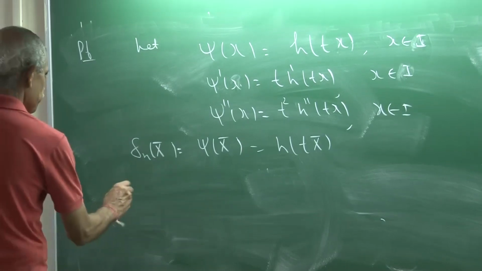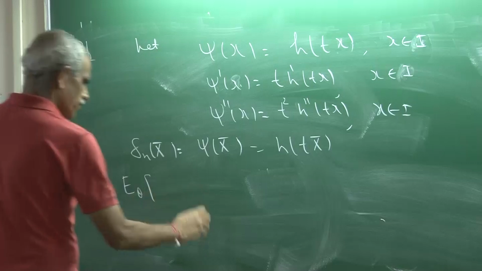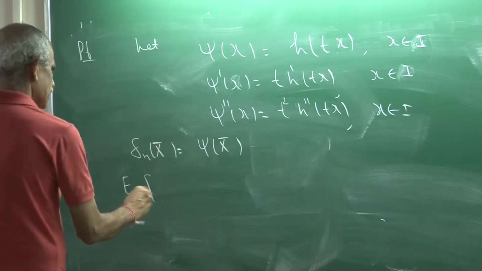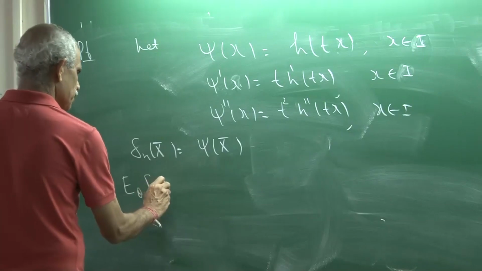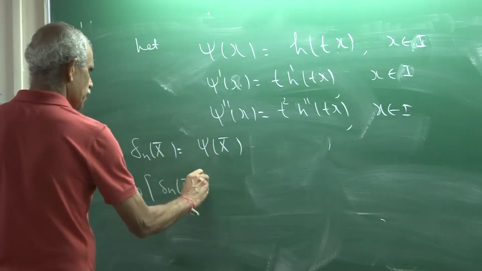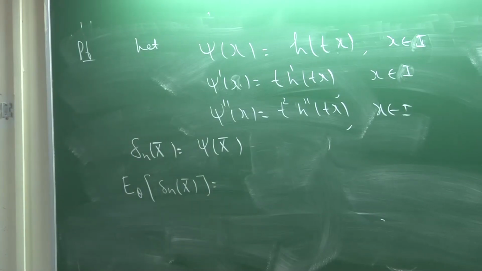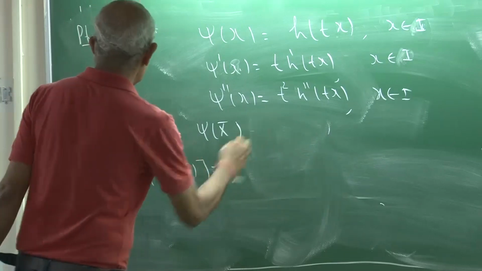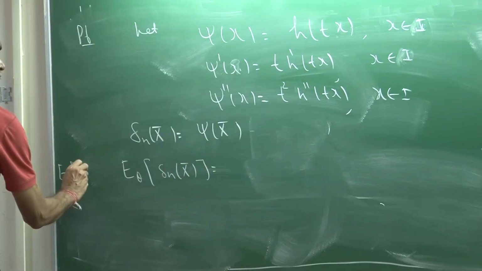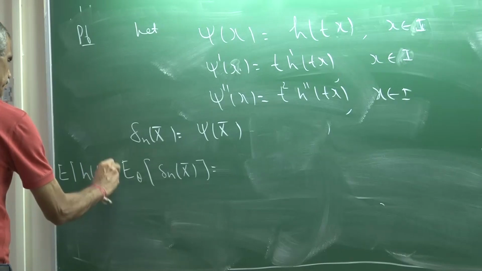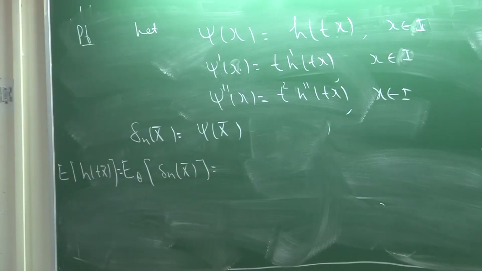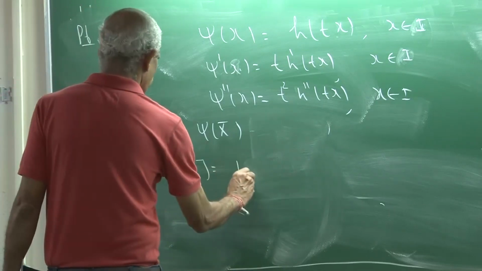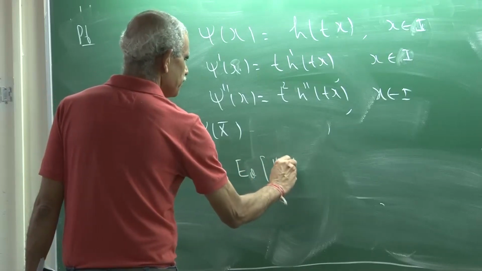What we have seen is the expected value of delta n x bar is how much? It is the expected value of h of t of x bar, which is the same as the expected value of psi of x bar.